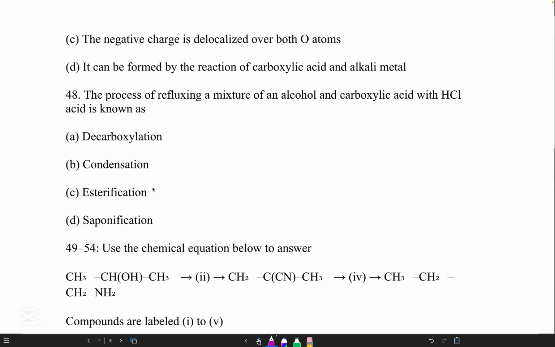It can be formed by the reaction of carboxylic acid and alkaline metal. That is also true. So which of them do you think is not true? Oh, none of them here is not true. Everything there is true because carboxylic acid can actually react with sodium metal to form a carboxylate ion.